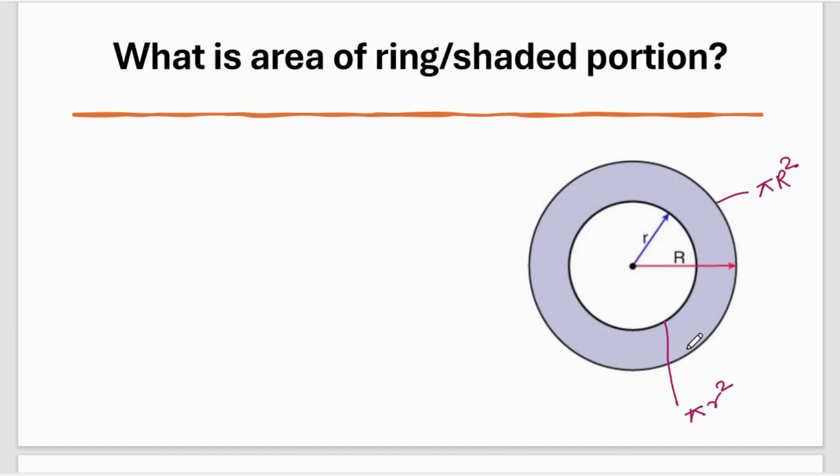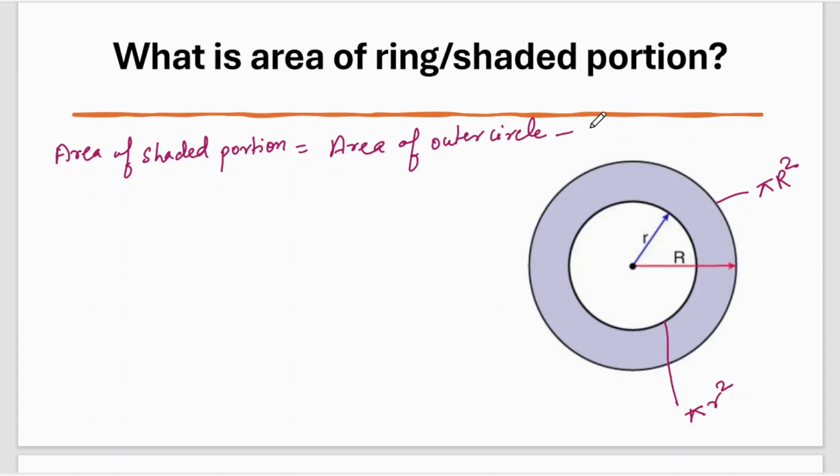Now if you subtract the area of the inner circle from the area of the outer circle, you will get the area of this shaded portion. So area of shaded portion equals area of outer circle minus area of inner circle.